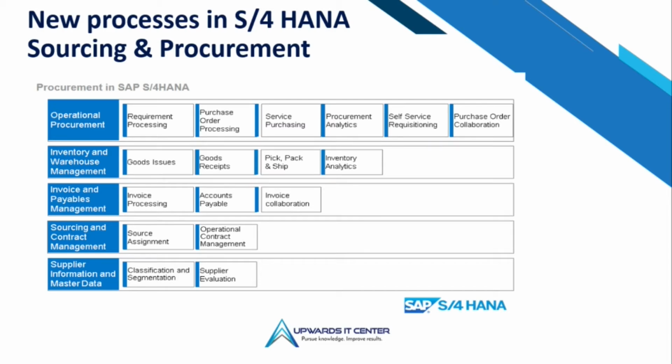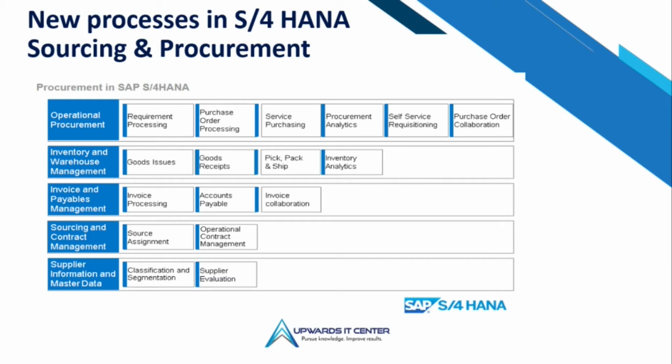Service purchasing is the purchasing of external services that we used to buy with the ECC. Procurement analytics is very important and a big change for S/4HANA. Now we have much faster reports that allow us to have a better analysis of our vendors and our situation in the warehouse.